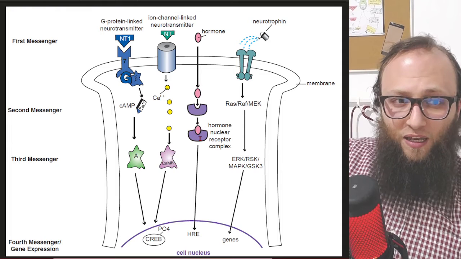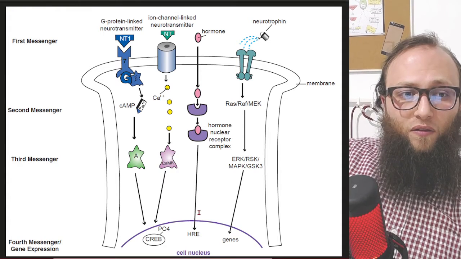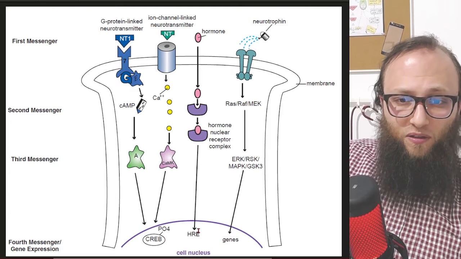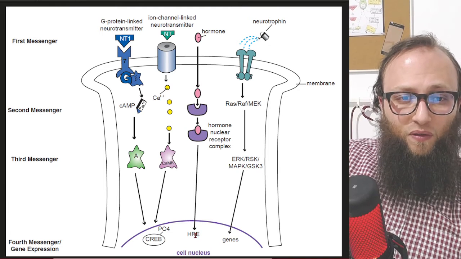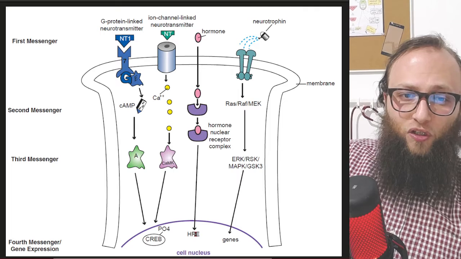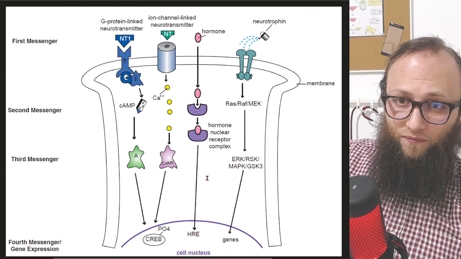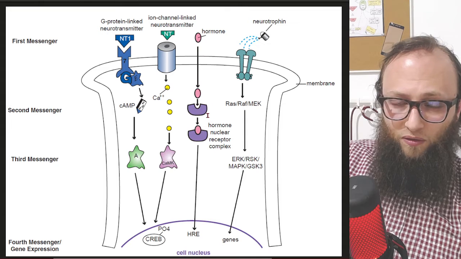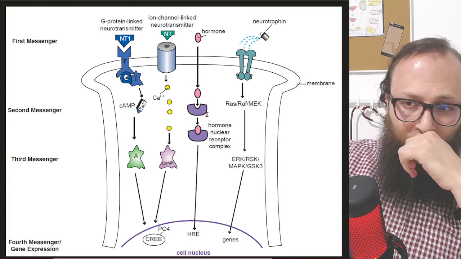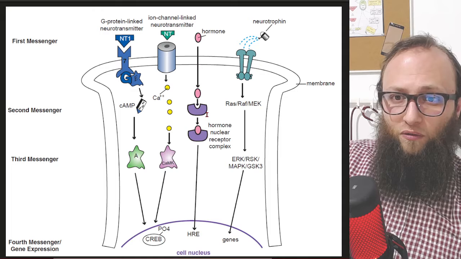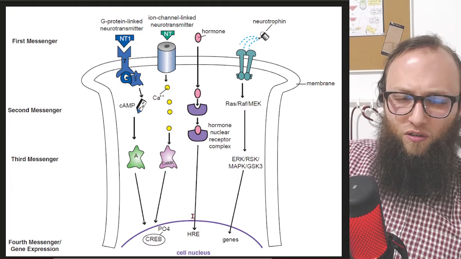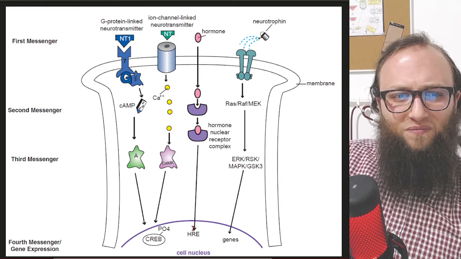This complex can then enter the cell nucleus to interact with hormone response elements, HRE, and that would trigger activation of specific genes accordingly. So that's how hormones work here: they enter, combine with their own receptors to form the hormone nuclear receptor complex, then activate the HRE, which is the hormone response element.